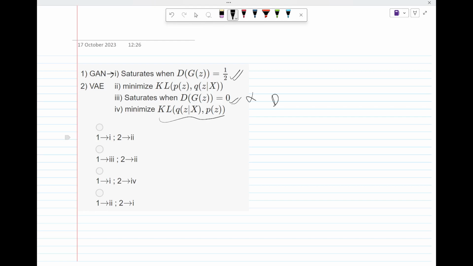But how do we justify that? What we start with is we want to minimize this, P(z given x), which is something that we don't know actually.